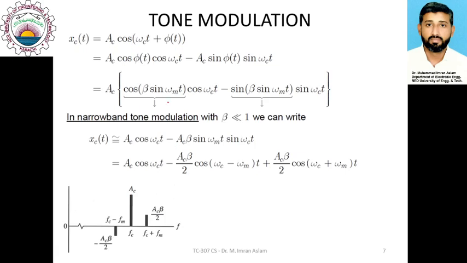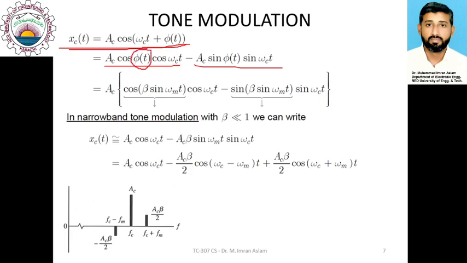So let us now move on to the analysis. This is our mathematical representation of the modulated signal: xct is equal to AC cos omega ct plus phi t. We can expand it by a simple cos alpha plus beta formula. You can see that it will come out to be AC cos phi t cos omega ct plus AC sin phi t sin omega ct.